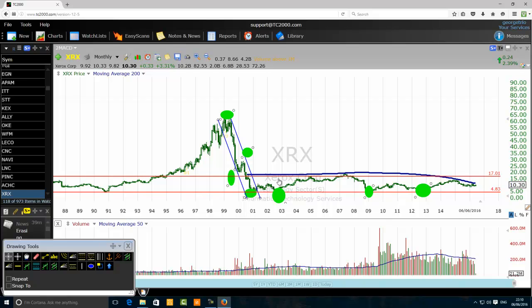If the stock is below the moving average 200 and it is not in a declining channel, we cannot certify that that stock is bearish. So the correct answer to this question is that stocks below the moving average 200 are not always bearish.